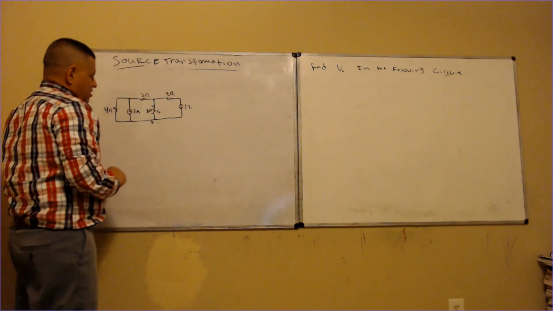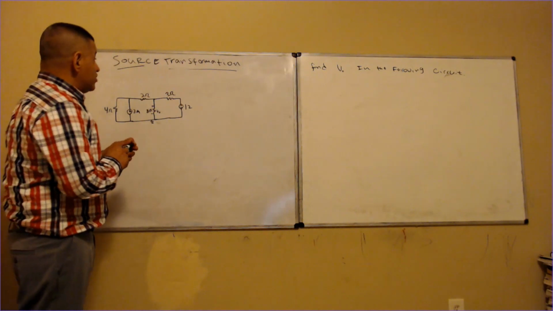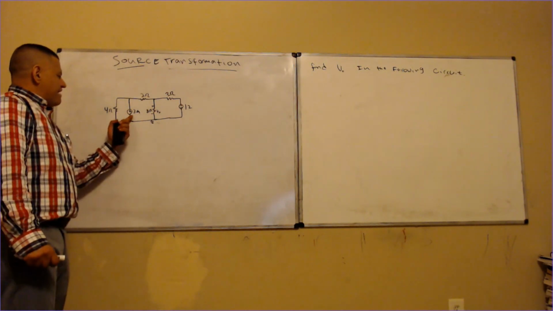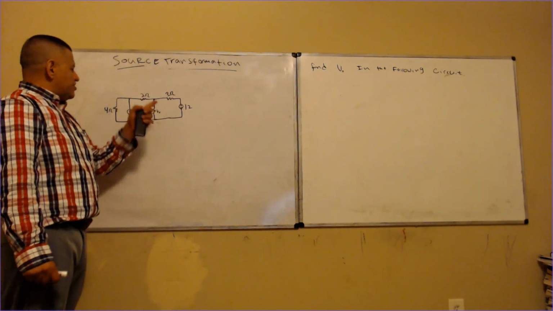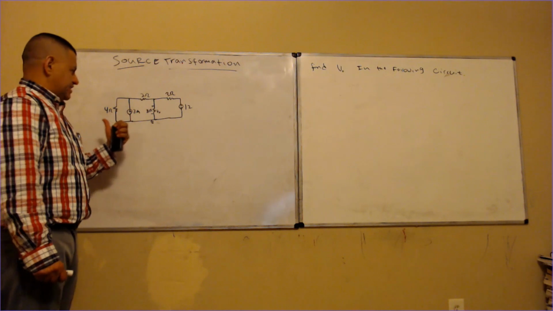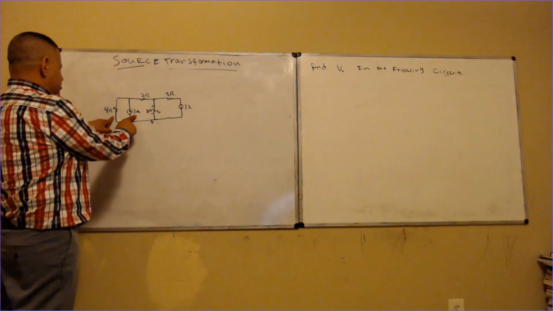So, okay, now the question is, how do I do the source transformation? Remember, if I have a parallel, I can go to series, and if I have a series, I go to parallel. That's how we deal with this. In this case, I have a resistor and a current source in parallel.